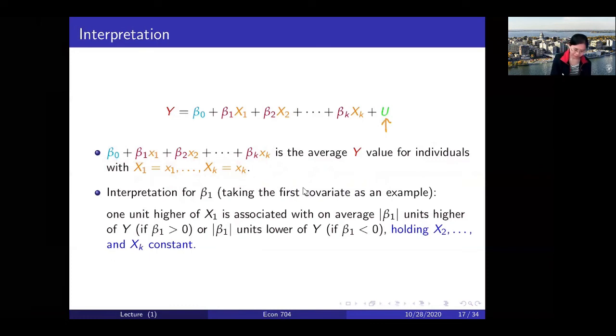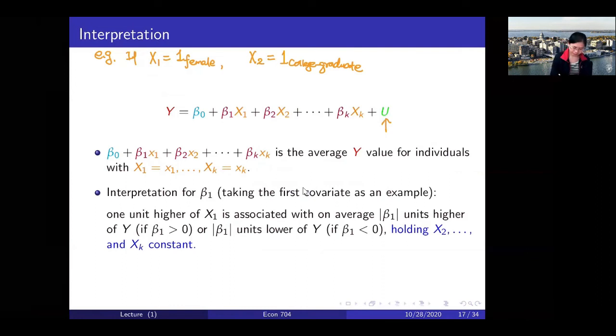So for example, say x1 is the gender dummy, is 1 if the person is female and 0 if the person is male, and let's say x2 is the dummy variable for college graduate. So that x2 equals 1 if the person is a college graduate and 0 otherwise.